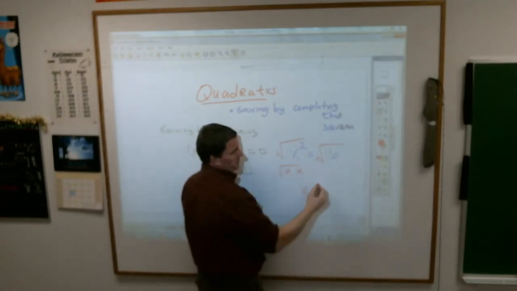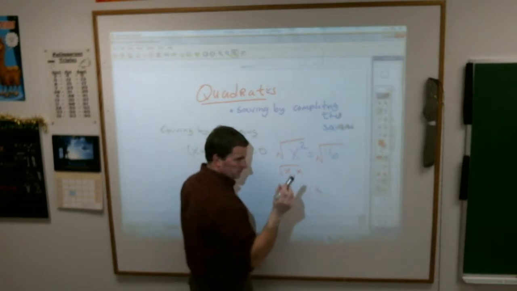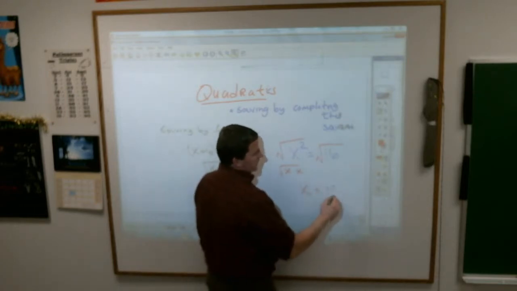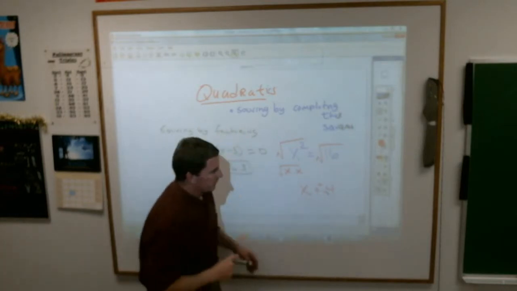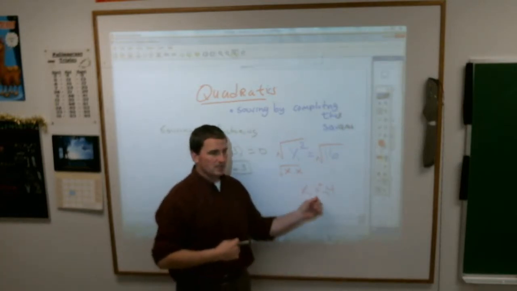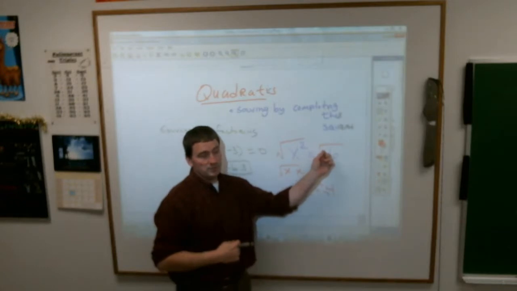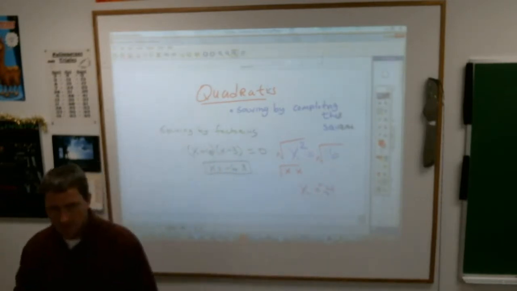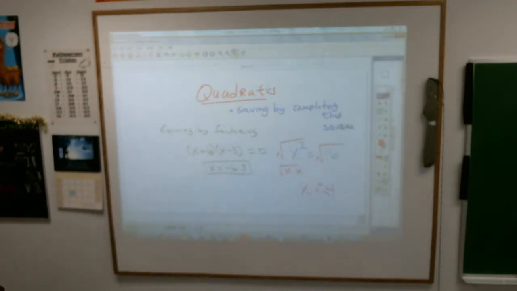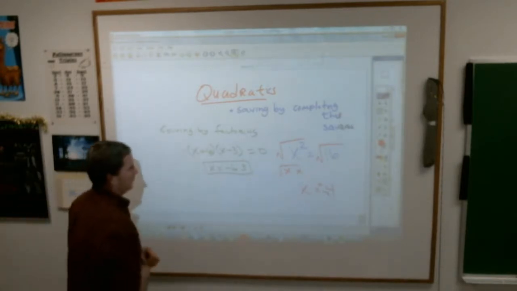And this one is what number times itself gives you 16, which is 4. Now you do have to remember, today we have to specifically remember that what we're going to get for answers needs to be plus or minus. Because really positive 4 times positive 4 gives you 16, negative 4 times negative 4 gives you 16. So both. You can just write it as plus or minus 4.